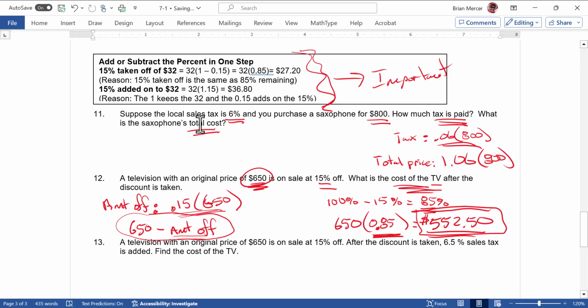And that's again, getting that percent built in to give the overall price in one step as opposed to two. And where that 1.06 came from is you had 100% plus 6 more percent, so that's 106% as a decimal. So as you work on these, just try to practice doing that, what I call the two-step method or the one-step method.